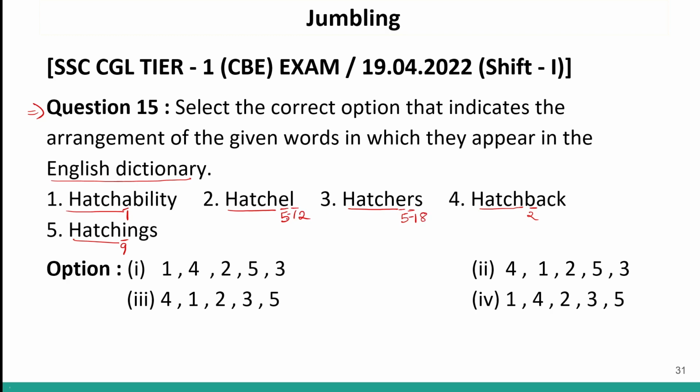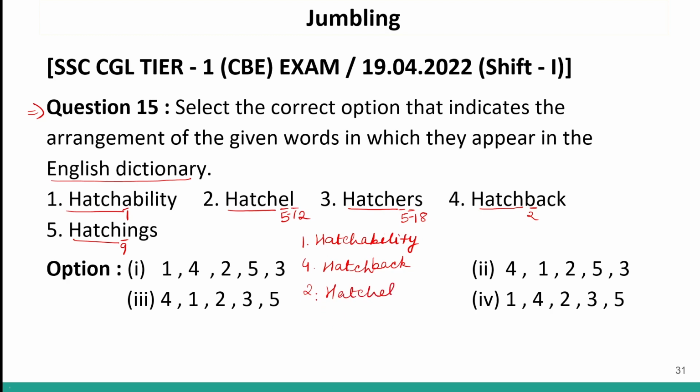So the correct logical sequence will be, the first word will be hatchability. The next word will be hatchback. This is C. Then after this, the next word will be hatchel.